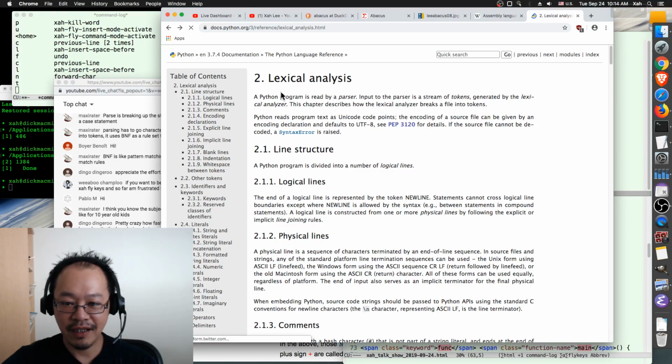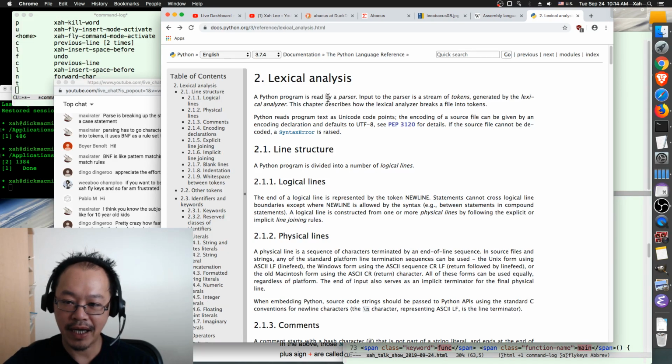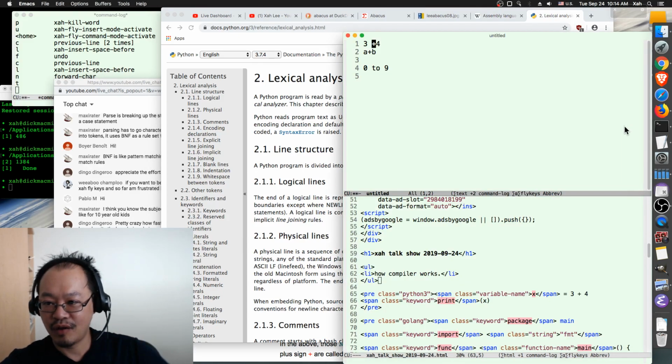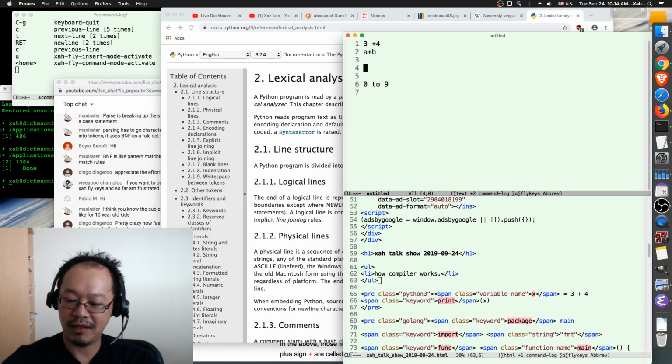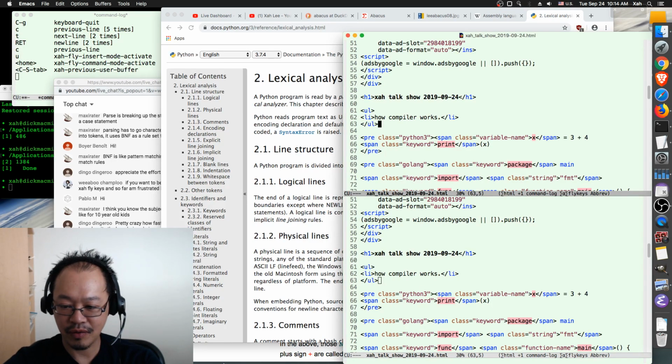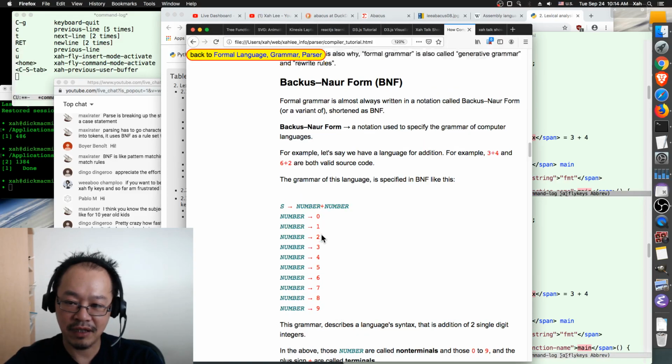So it says a Python program is read by a parser. Input to the parser is a stream of tokens. What is a token? Let's go back to Python. A token basically means a word.